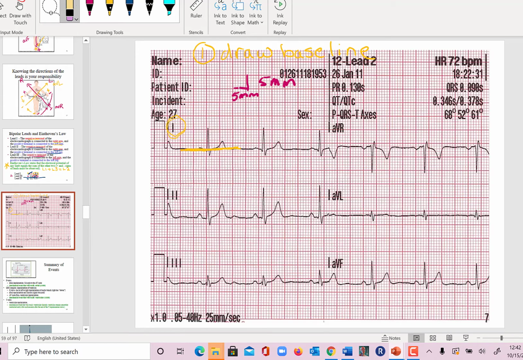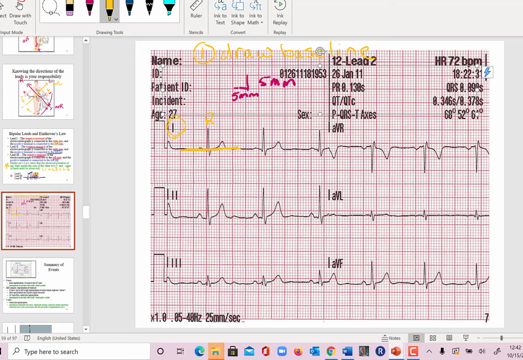So now I can count from my baseline to the top of my R. So here, let's count together. From my baseline, I see 1, 2, 3, 4, 5, 6, 7, 8.